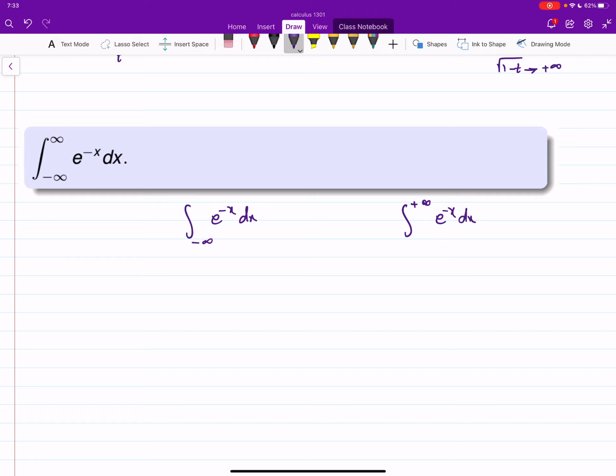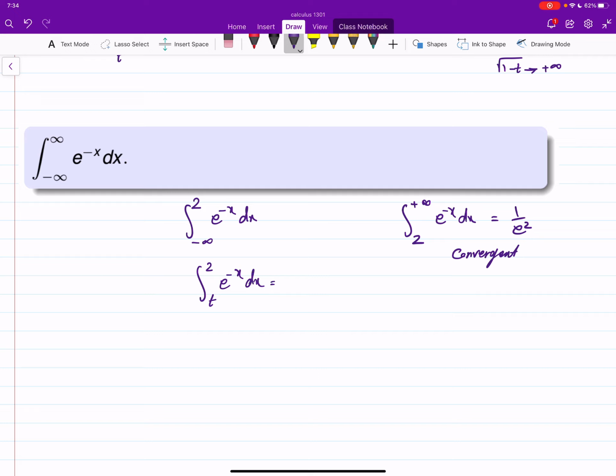The key point is that if you start with 2, both of them will become 2. What we showed here was that this one is convergent, and the limit was 1 over e squared. How about this other one? Well, I have to first go from t to 2 of e to the power negative x dx.